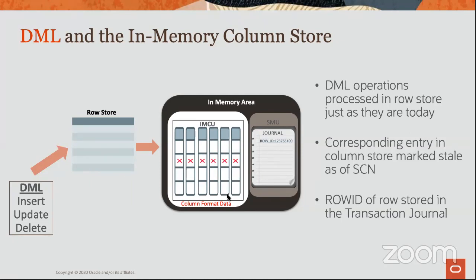Changing the metadata in the SMUs when you make changes to the row store is very efficient, very fast. It's much less overhead than maintaining indexes, because indexes are persistent and we have to generate undo and redo for them. So this is how we keep track of what changes occur during DML operations. That's the first part of the story.